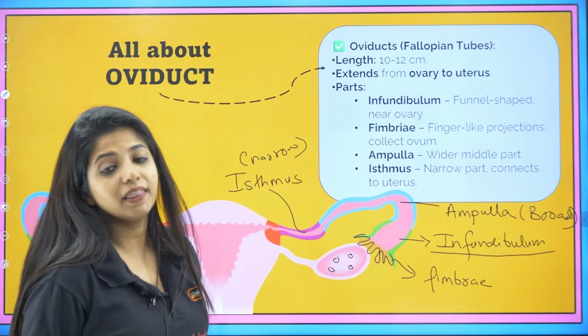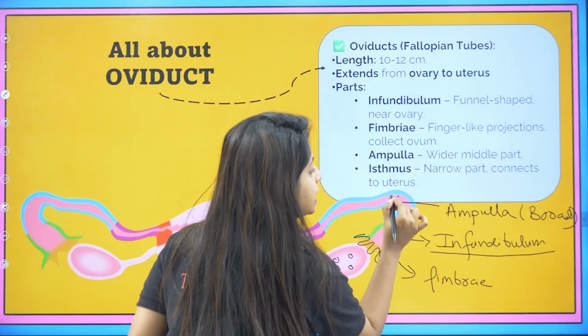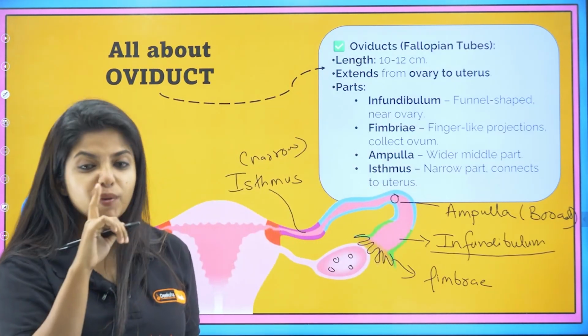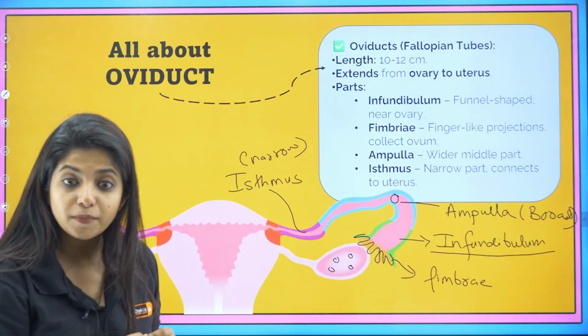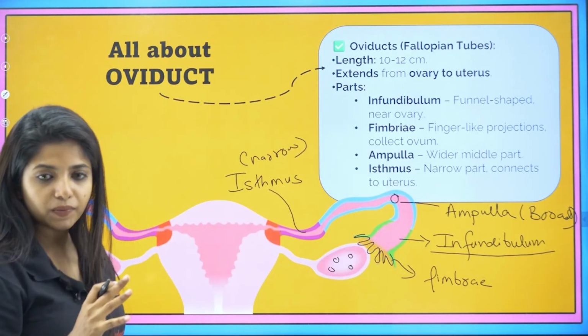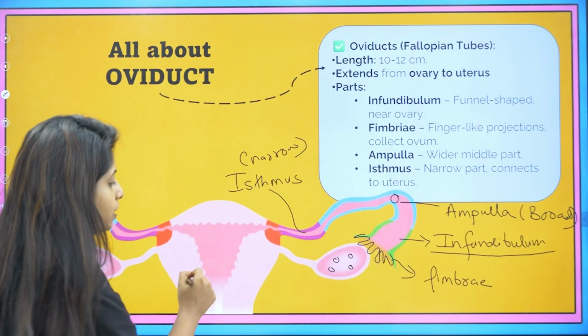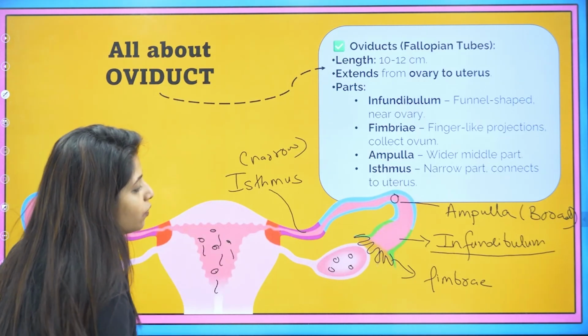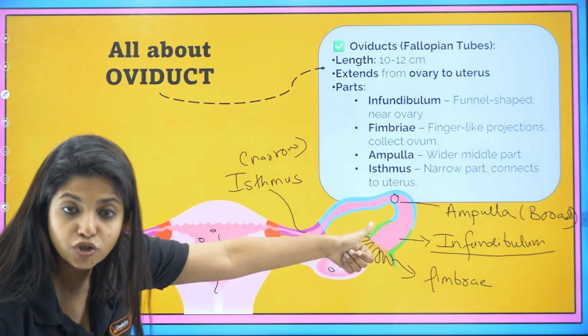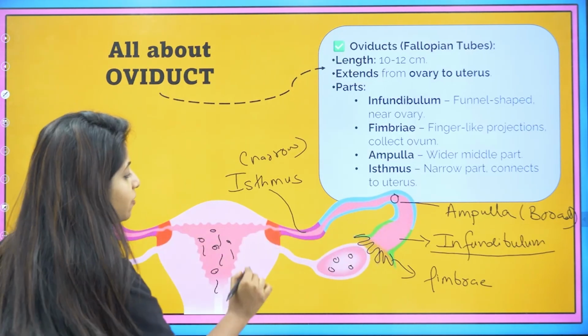Once the egg cell gets into the infundibulum, it's like, wow, I am in a whole new world. But then it goes and stays in the ampulla itself because it is so shy to go outside to the uterus. So what happens, my dear children? Whenever there is a sexual activity, the sperms are released, the sperms who are not that shy come up in search of the egg cell. Where do they come?